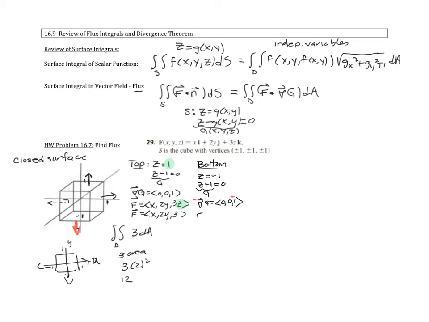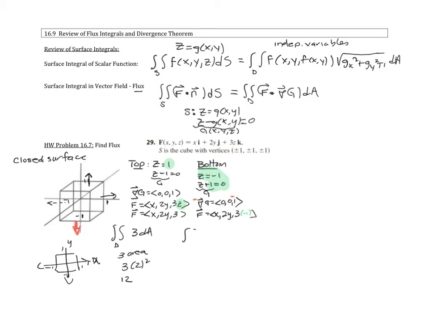Our f is x, 2y, 3z, but in this case, z is -1. Whoops, z is -1. And so here we have a -1.